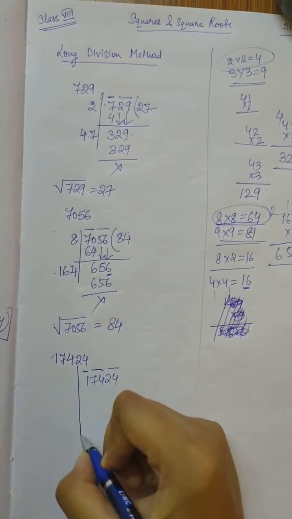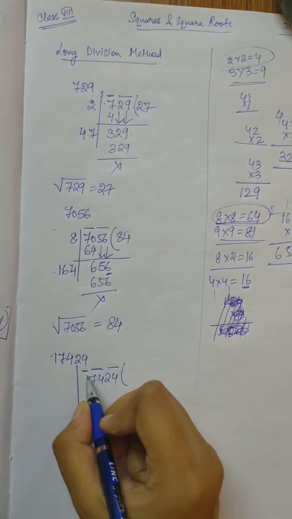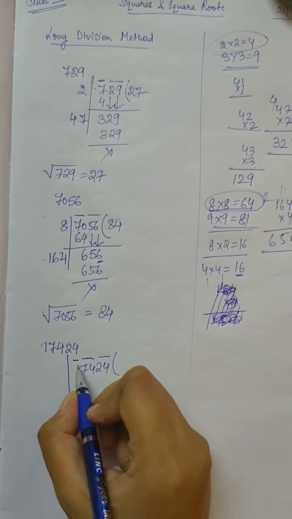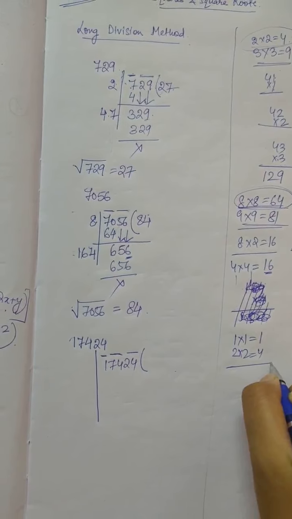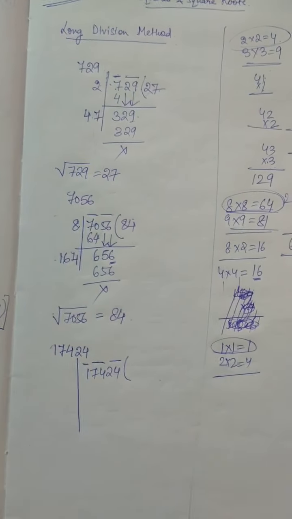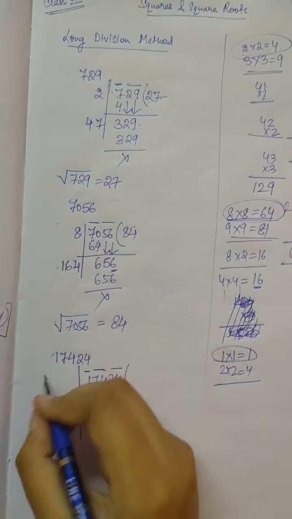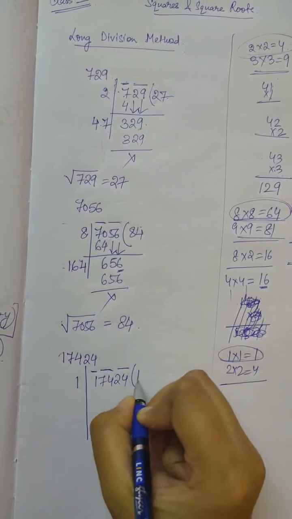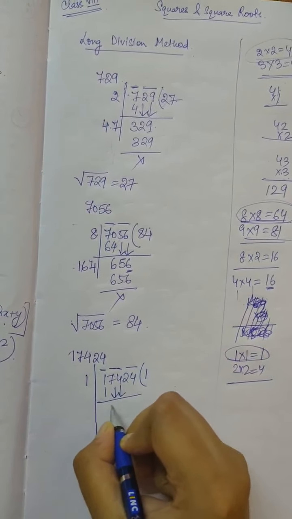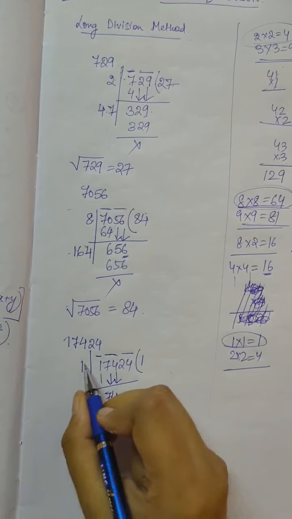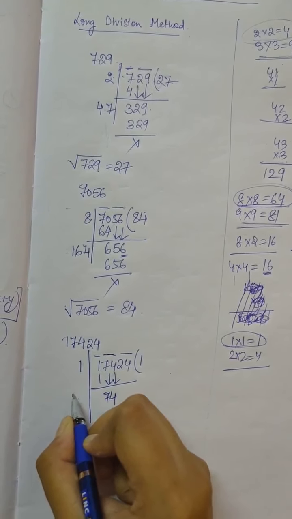Okay. So at first, the first selected number is 1. So we know that the square of 1 gives us 1 and the square of 2 gives us 4. So we have to only get this number. So that means 1 into 1 is 1. Now next 74 comes down. So the double of 1 gives us 2.